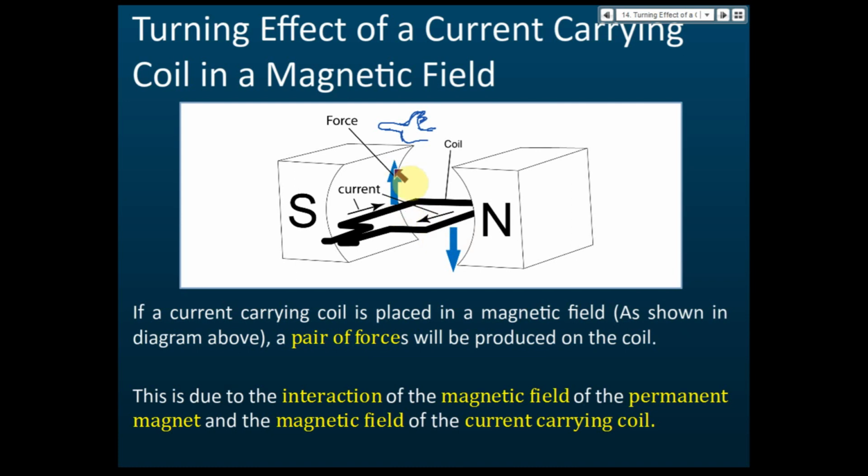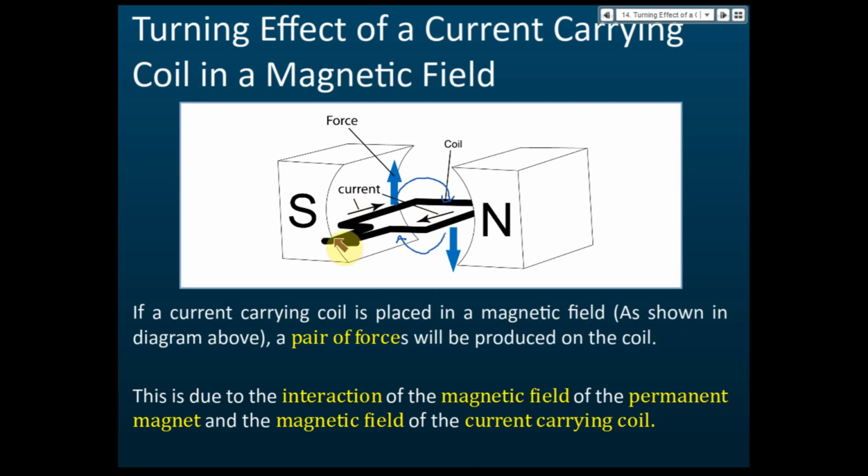So when this one goes up, this one goes down, and this part is fixed. This will make the coil rotate. In this case, it will rotate clockwise.